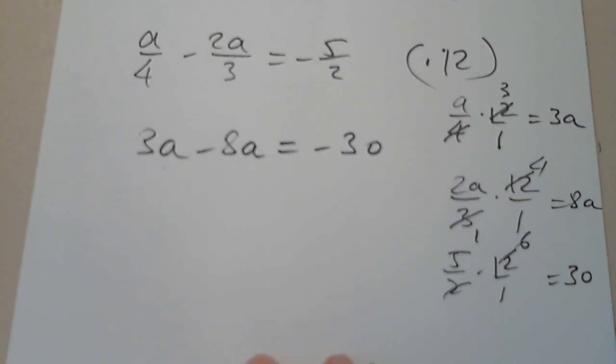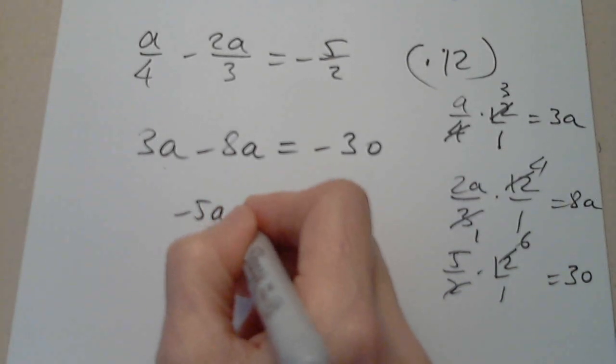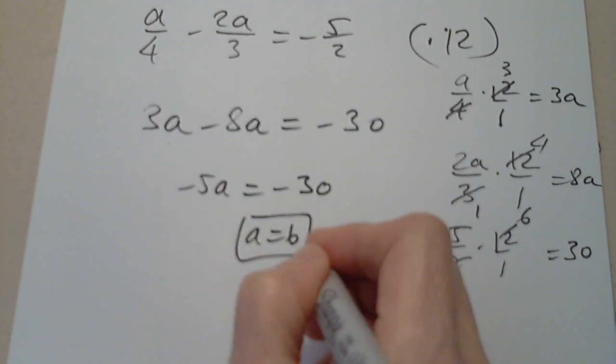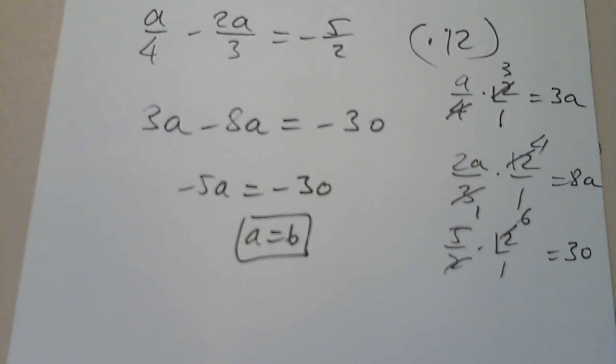Now I can combine like terms, and I have negative 5a equals negative 30, and I divide by negative 5 to get 6. Any questions on this problem? Okay, moving on.